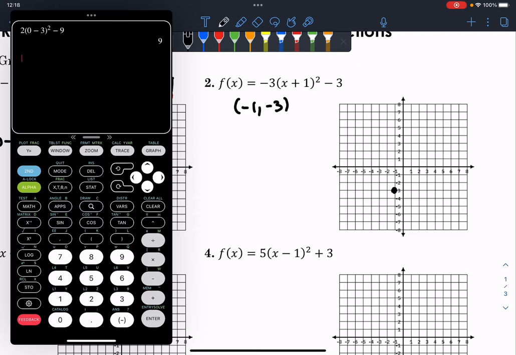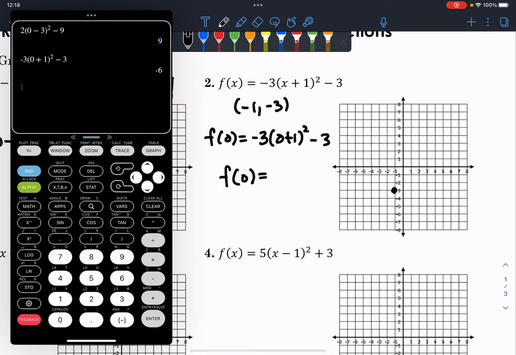Our y-intercept would be -3 times (0 plus 1) squared minus 3, which is equal to -6. And again, that's that point there. And our axis of symmetry is this vertical line there.